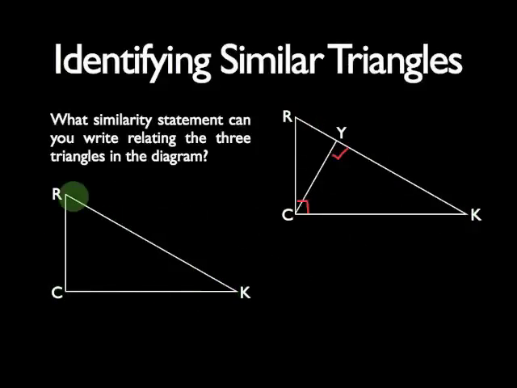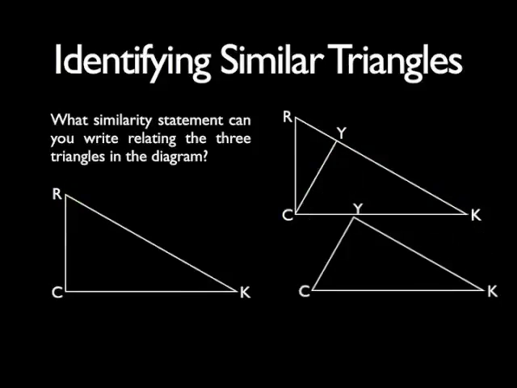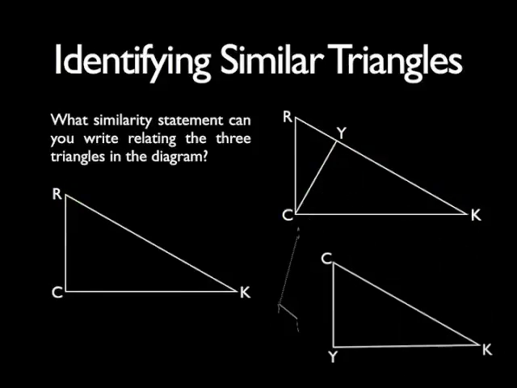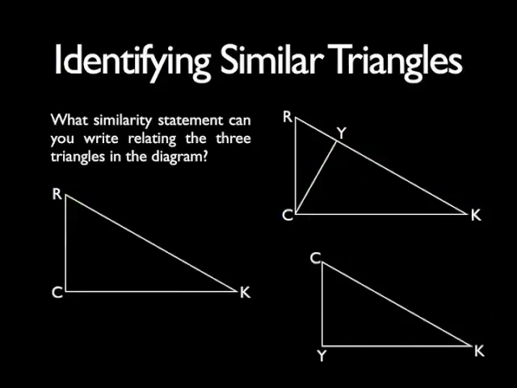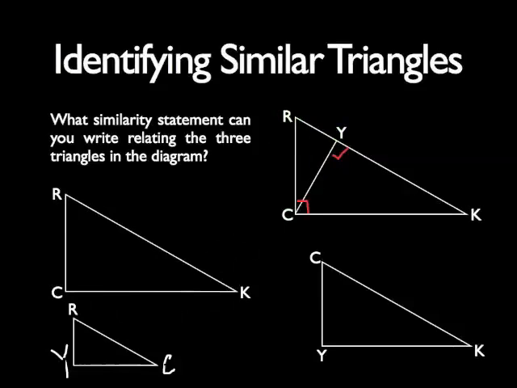We also have the medium-sized triangle, which is triangle CYK. So let's pull that out and flip it around so we have a nice alignment here. Triangle CYK. And finally, we have the small triangle, triangle RYC.